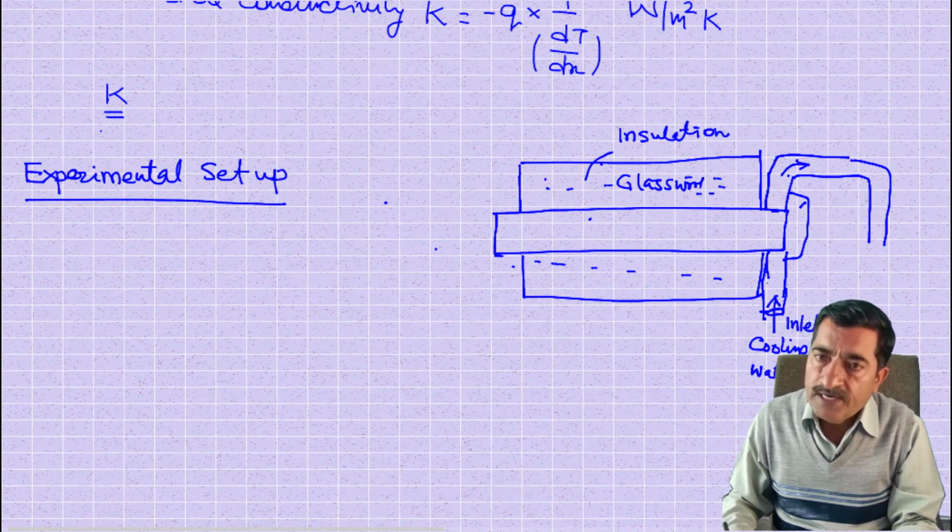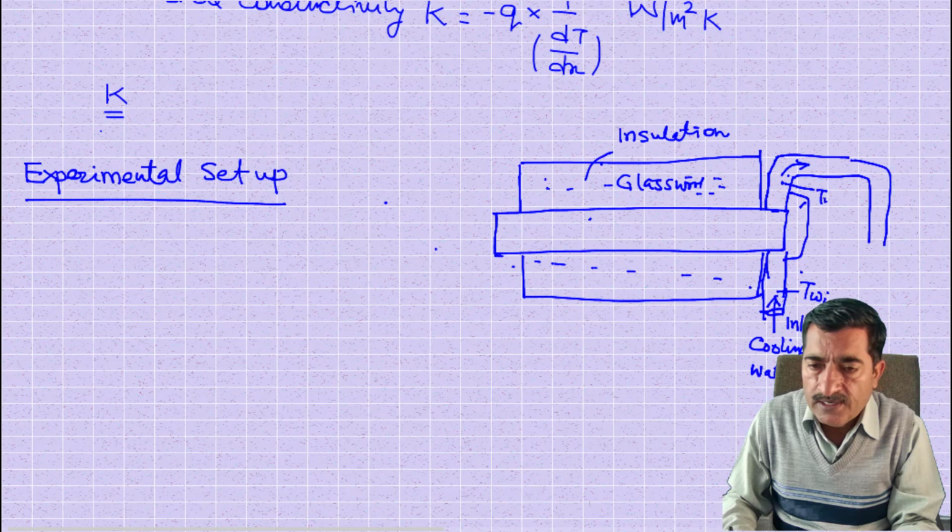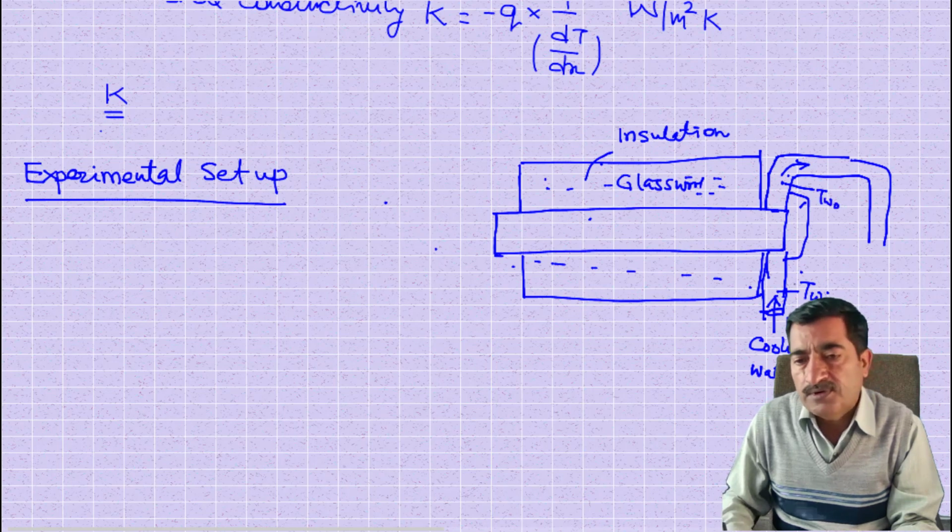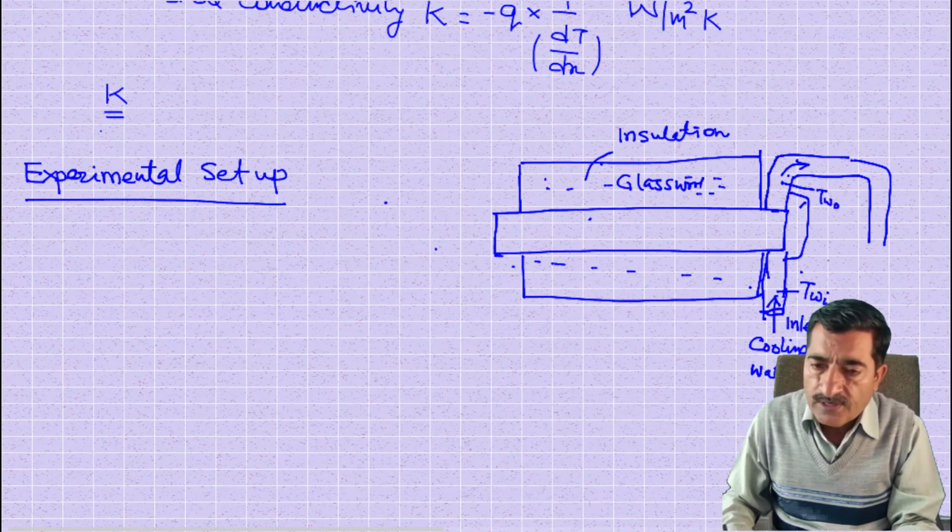The temperature at the inlet of cooling water is measured by a thermocouple or thermometer TW1, and at the outlet TW2, and this is the water collecting beaker.